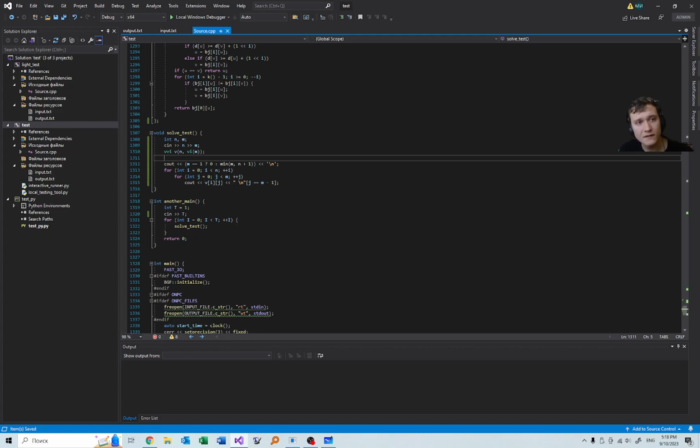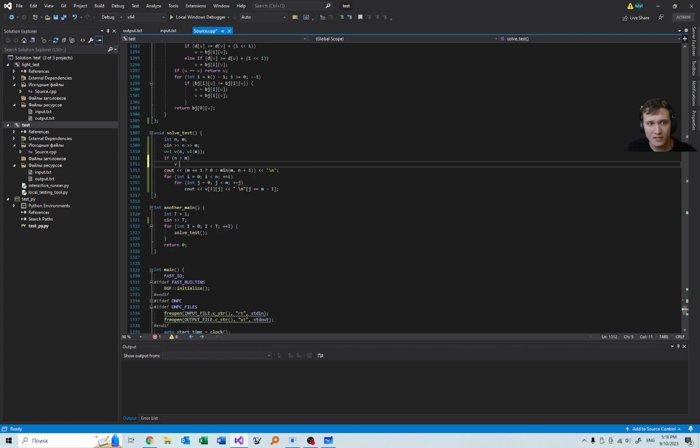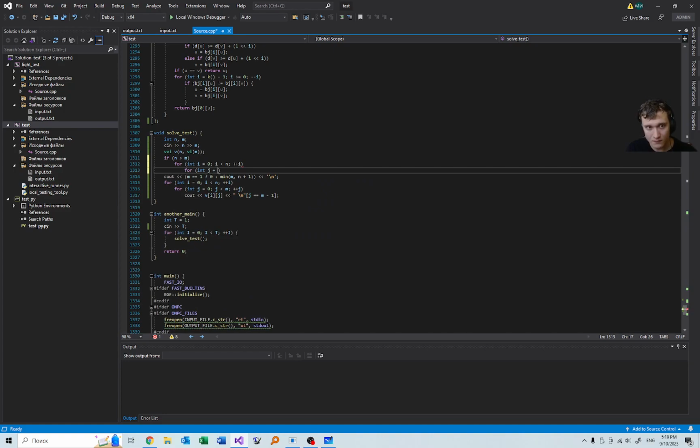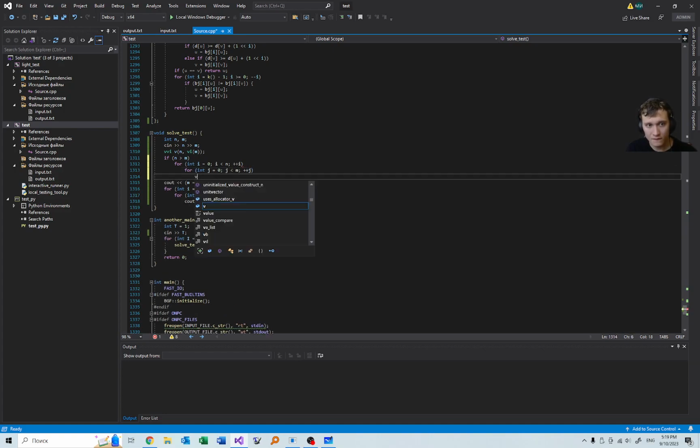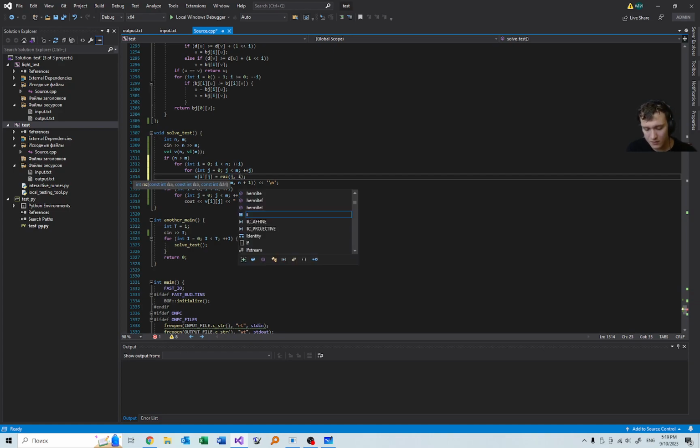Yes, and after that, the only thing I need is to fill the array. So, okay, if n is greater than m, then I simply use diagonal rows. So for int i equals 0, i less than n, i plus plus. So v[i][j] equals difference between i and j and i modulo m.